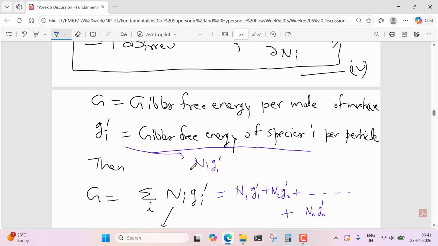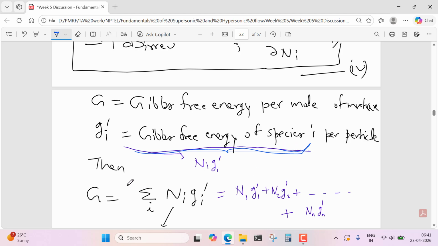So if Gi dash is the Gibbs free energy of species i per particle, then Ni into Gi dash will be the Gibbs free energy of species i, where Ni is the number of particles of species i.